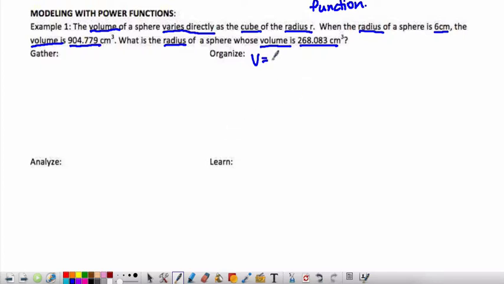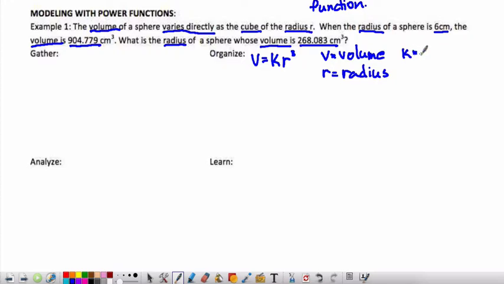So it varies directly. Then there's going to be a constant, which we don't know what it is right now, and we know that r is cubed. So this is how the volume relates to the radius when we're talking about spheres. And in here we have V equals volume, r is equaling the radius, and k is just the constant.